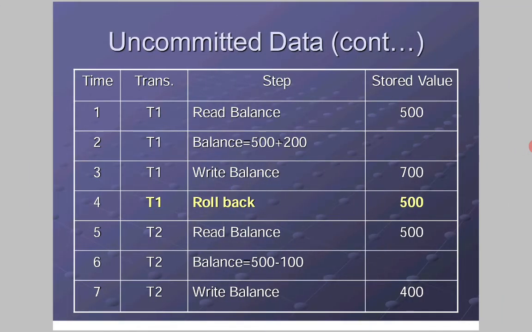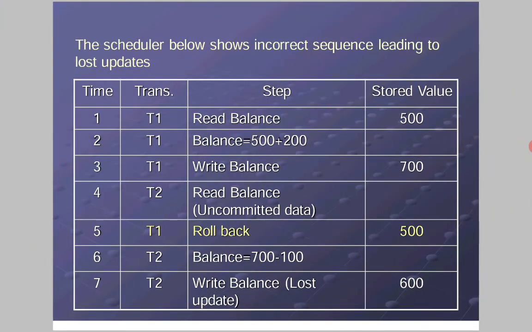In uncommitted data, T1 reads balance 500, T1 balance equals 500 plus 200, T1 writes balance 700, T1 rolls back to 500, T2 reads balance 500, T2 balance equals 500 minus 100, T2 writes balance 400. The schedule below shows an incorrect sequence leading to lost updates.